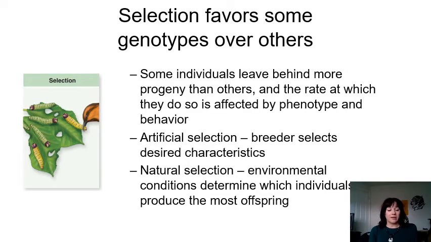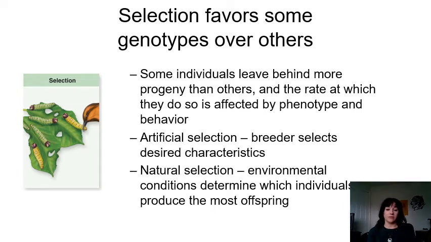So let's talk about the fifth agent of evolutionary change, which is selection, right? This is one that we've talked about before. It's a pretty commonly discussed method of evolution. With selection, you have a trait that is conferring some type of advantage to some individuals over others.